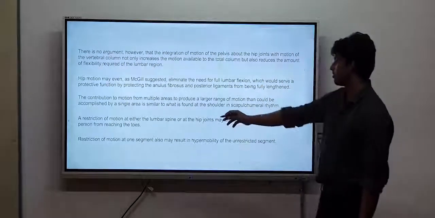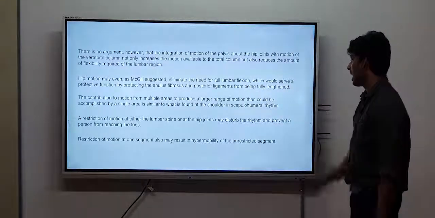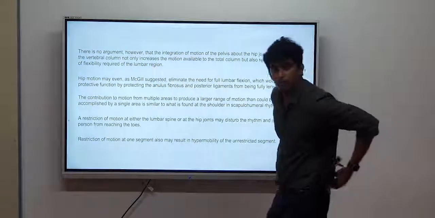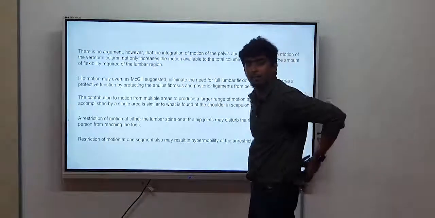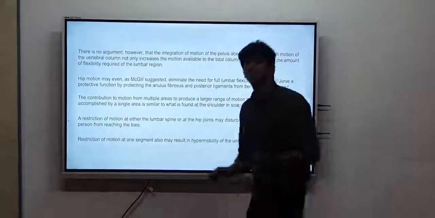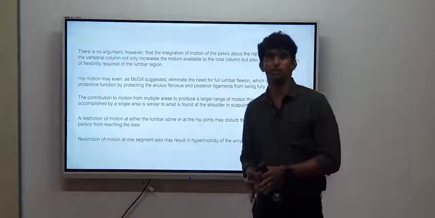Restriction of motion at one segment may also result in hypermobility of the unrestricted segments. In the sense, if our lumbar area, the back axis, is so lax, then hyperflexibility occurs, and that also can create lower back pain.